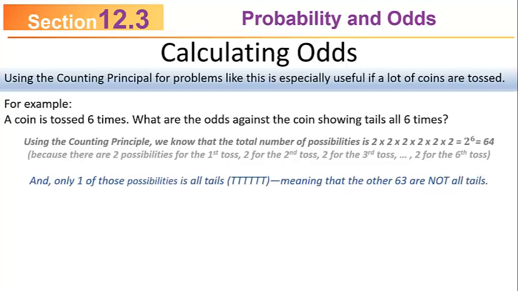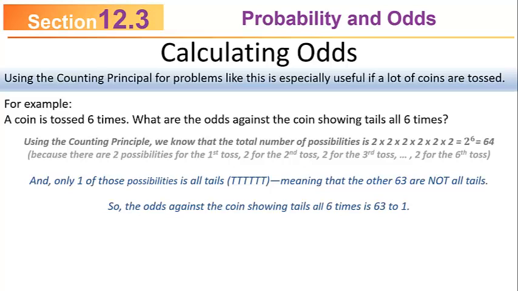So instead of 8 in the sample space, now you'll have 64 in the sample space, yet there's still only one that's all tails. That's tail, tail, tail, tail, tail, tail.